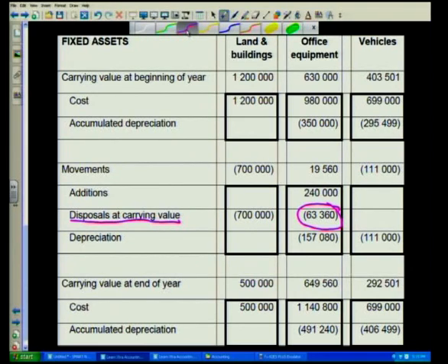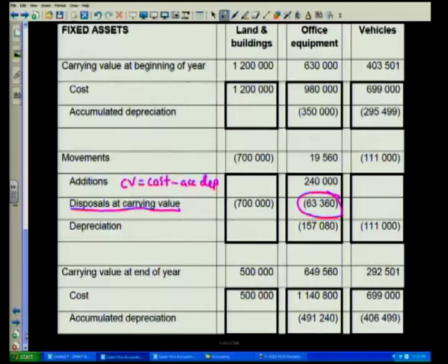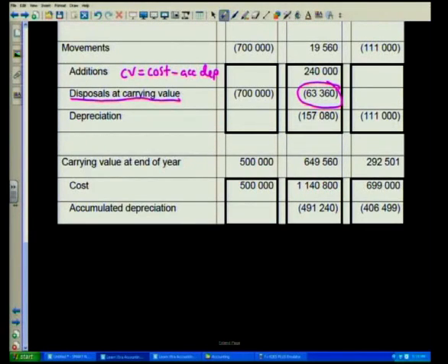If you ever want to have the carrying value, you should remember that it's equal to the cost price minus the accumulated depreciation. So the carrying value of the assets that we've sold is 63,360 Rand. And that actually equals the cost price minus the accumulated depreciation.